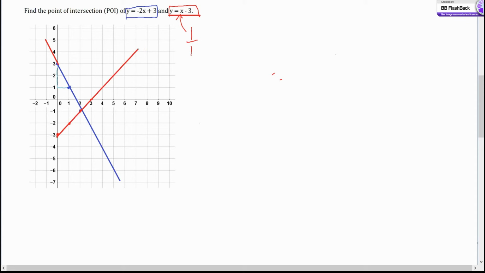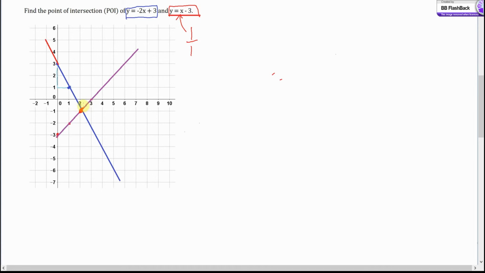Okay, so we can see the point of intersection. Oh, that's silly, I'm changing the line's color. Oh well. Because the point of intersection's right here.